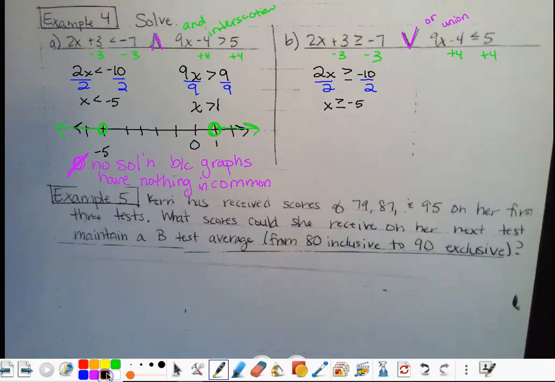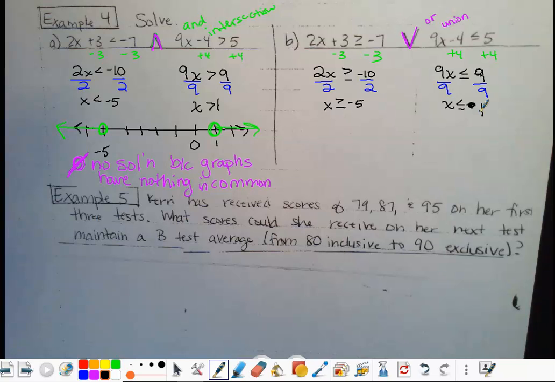So we'll do the inverse of that. Results in 9x is less than or equal to 9. Okay, so these are the exact same problems. So I guess I didn't have to show you this, but I want to see you go through and practice. Next up is we're going to divide by 9, and that results in x is less than or equal to 1.